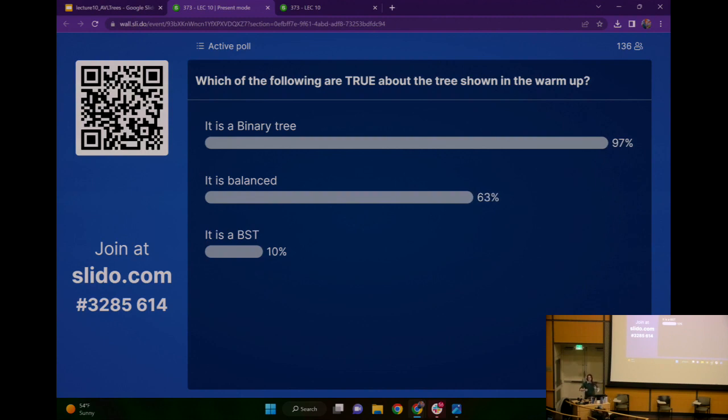So the first requirement is that it is a binary tree. Does anybody happen to remember the definition of a binary tree? This is just straight up, do you remember this thing I said at the end of last lecture? Yeah, over there. Yes, perfect. Every node has at most 2 other nodes.